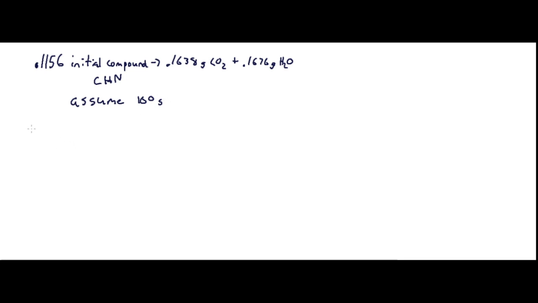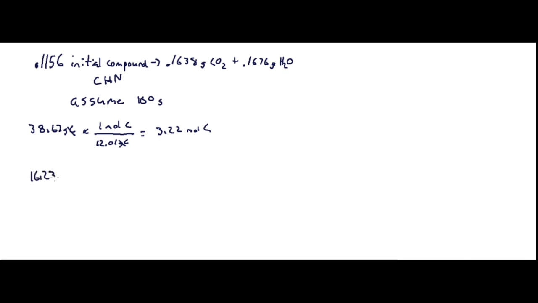So by doing that, we're able to know that there's 38.67 grams of carbon in the system. We're going to times that by 1 mole of carbon, and divide that by the molar mass of carbon, which is 12.01 grams of carbon, and the grams of carbon will cancel out, leaving us with moles of carbon. And that will give us 3.22 moles of carbon.